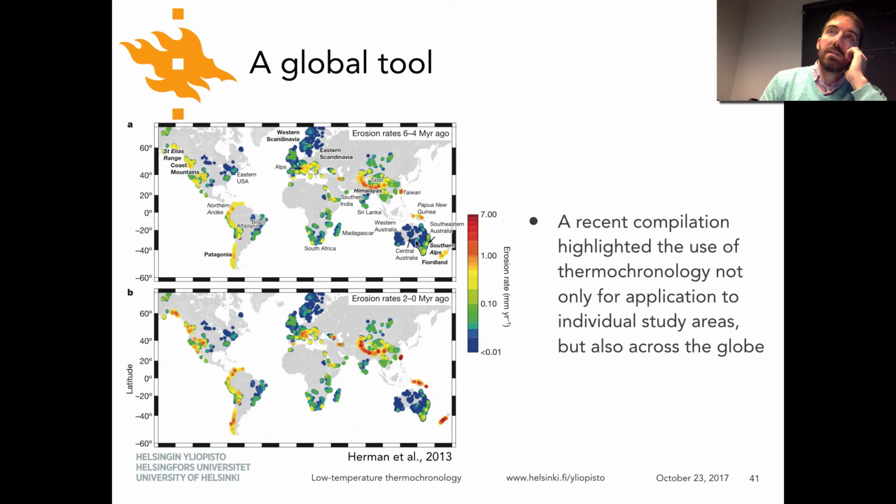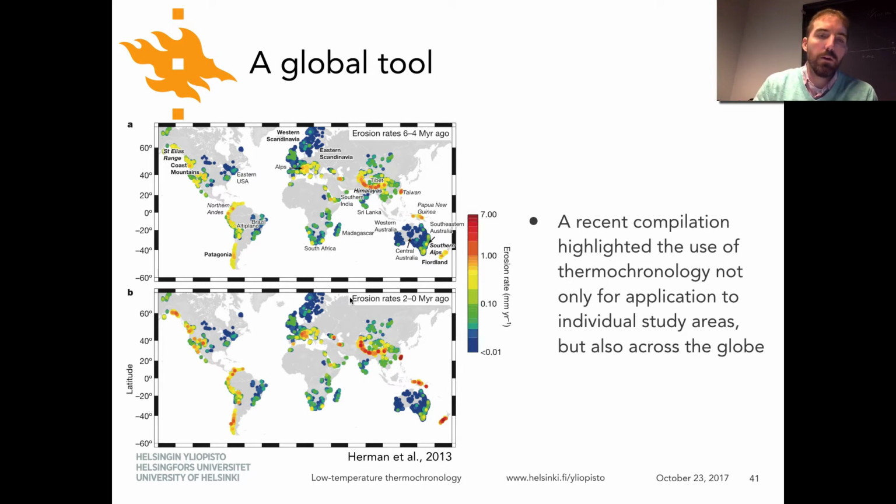But there are a lot of places in Australia that aren't necessarily that mountainous where thermochronology has been applied. Northern Europe, it's been applied a fair amount. Most of Europe has been dated in one way or another with thermochronology, and all of these studies are after slightly different things.